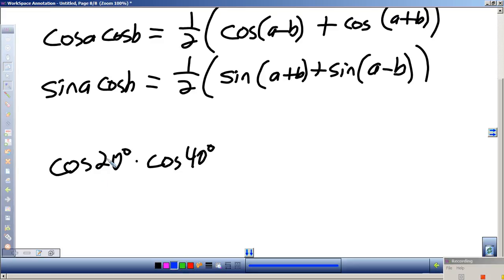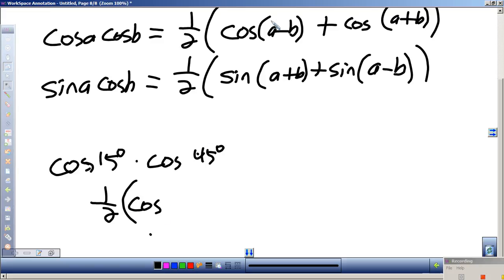Actually, instead of that, let's make it easier for us: 15 degrees and 45 degrees. So applying the rule, we have 1/2 cosine of, what is A minus B? Negative 30 degrees, plus cosine of 60 degrees.